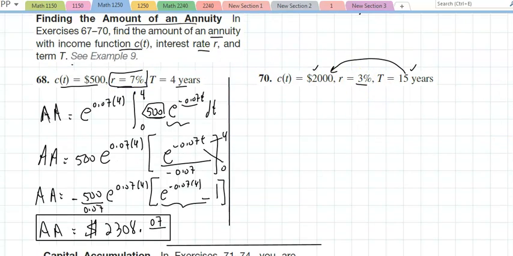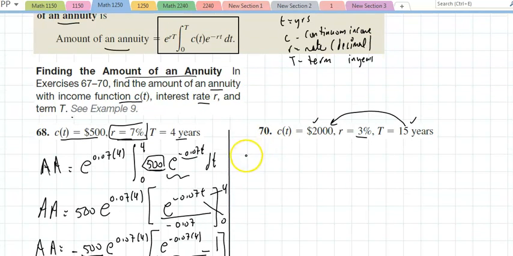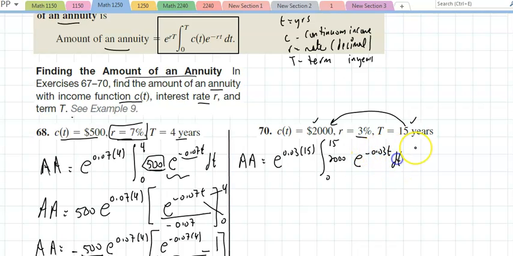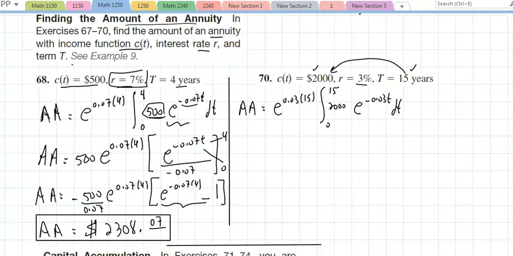Well, if I plug in what I have, the annuity amount would be e to the 0.03 times T, where capital T is 15 years, times the integral from 0 to 15 years of 2,000 e to the negative 0.03 t dt. And there it is. Now what?